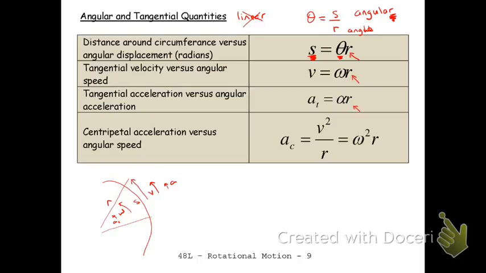Now, this is interesting because we have AC equals V squared over R. We can substitute in for V squared, can't we? And we get omega squared R. And that's interesting. Here, it's an inverse relationship with radius, and here's a linear relationship with radius. It turns out AC has a linear relationship with radius.